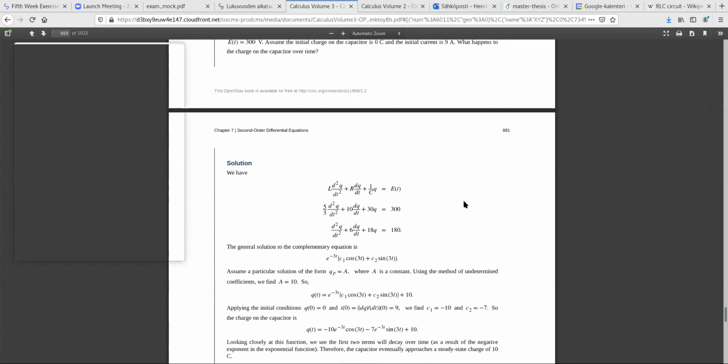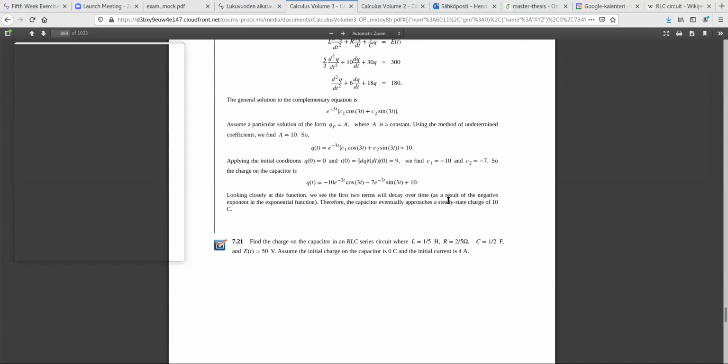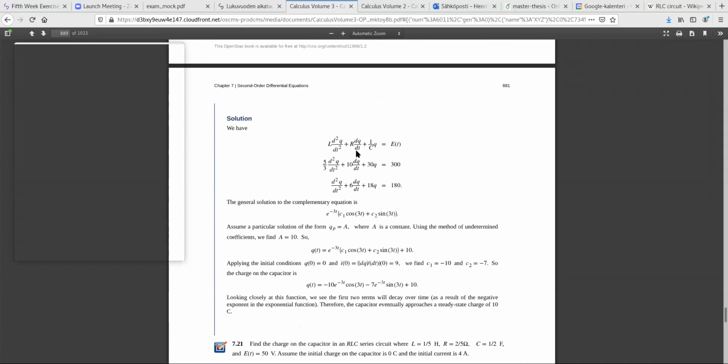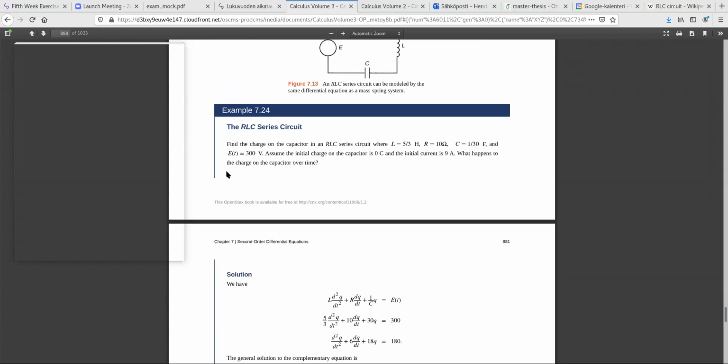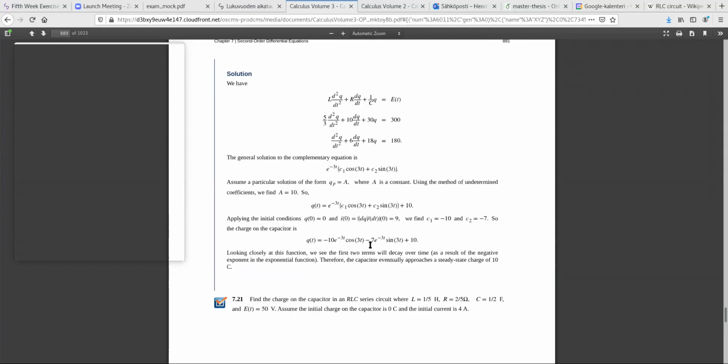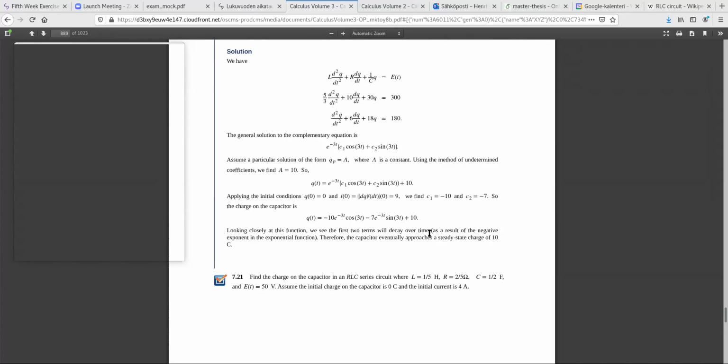So here's an example of how to solve this. And here it was given that the external voltage was a constant 300 volts. I gave a simpler version, and I did it in parts there, with slightly different numbers.